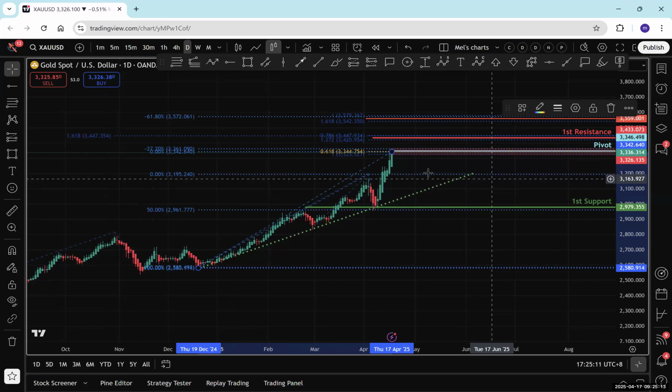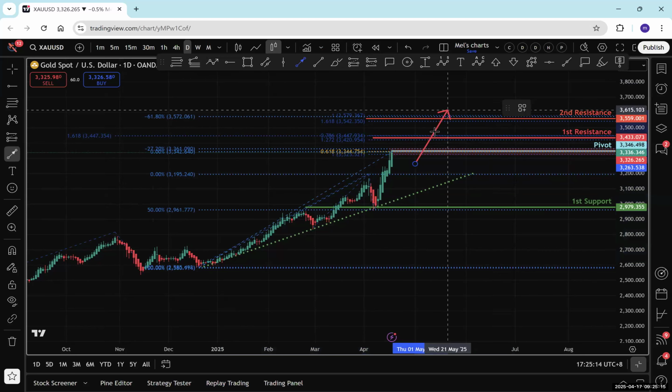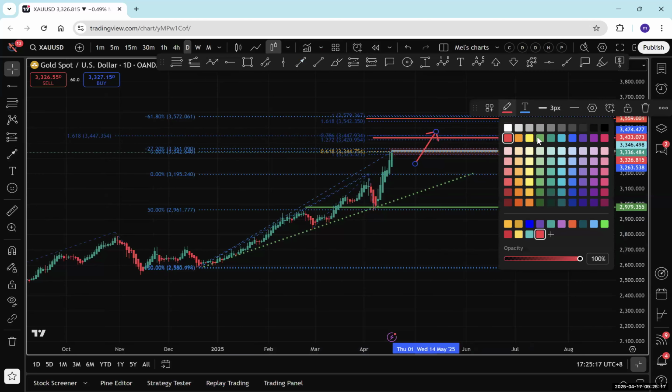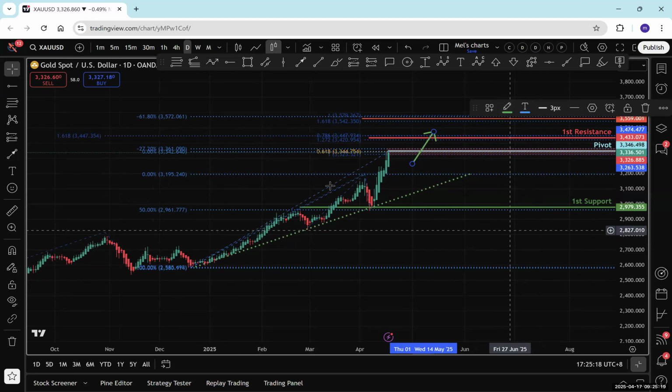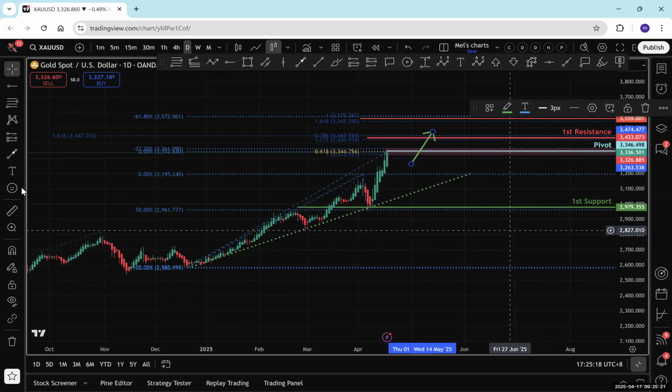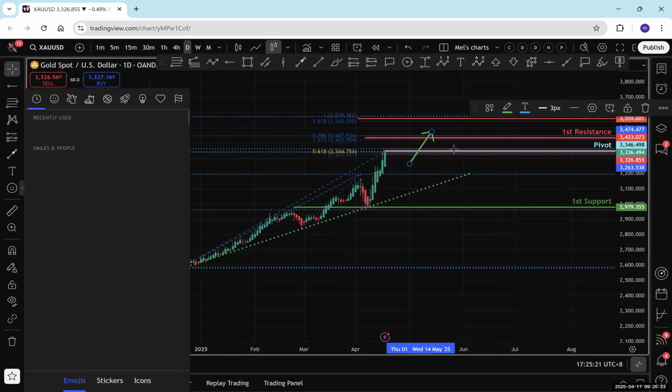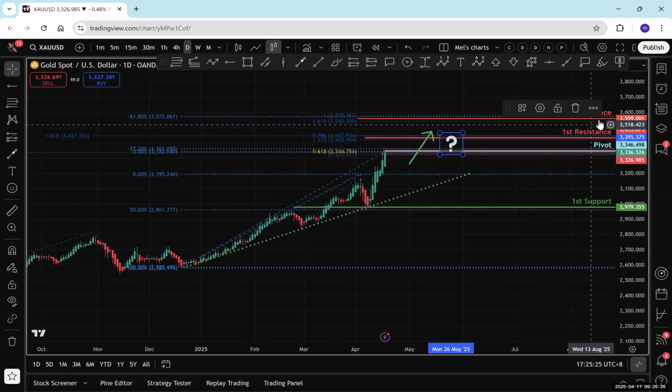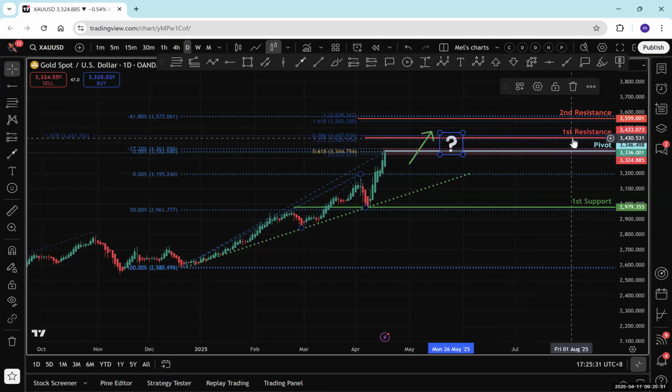Yep, so I'm expecting prices to continue in this uptrend. Again, like I mentioned before, you can go in for a partial profit first resistance and then take profit at your second resistance, or you can just put a profit level at your first resistance and then wait for it to break out before going in for another buy to your second resistance.